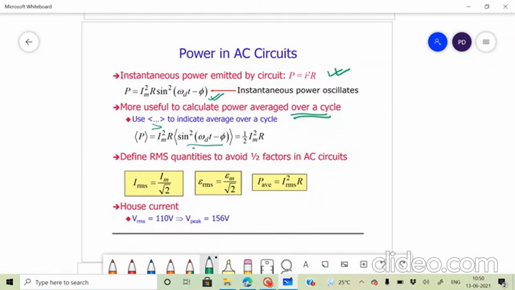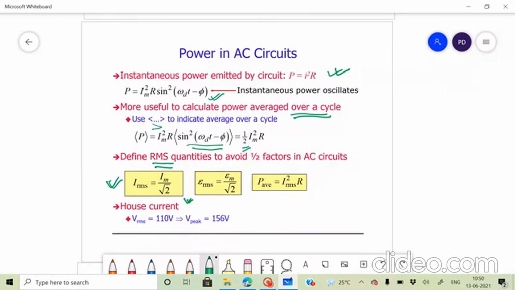When you take the average of this quantity, you will get a half. Now I want to get rid of that factor of half. How do you do it? You define root mean square quantities for current and voltage or EMF. So this is how you define it. These things are going to be useful when you perform the experiment.